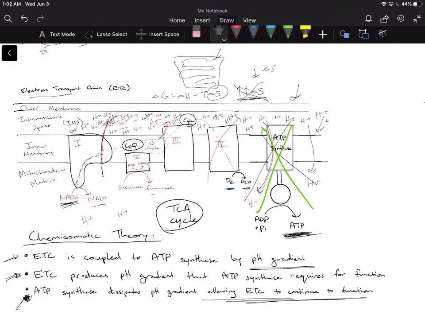Because of this, the electron transport chain would also shut down. So the idea here is that the electron transport chain needs ATP synthase, and ATP synthase needs the electron transport chain in order to function. Obviously, there are a few exceptions, when we'll talk about inhibitors and uncouplers and stuff like that, but this is the main idea: they're coupled together by a pH gradient.